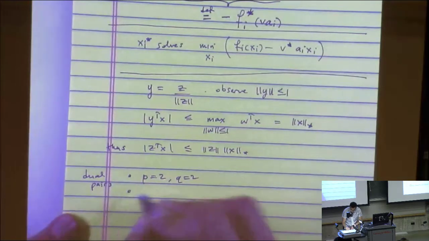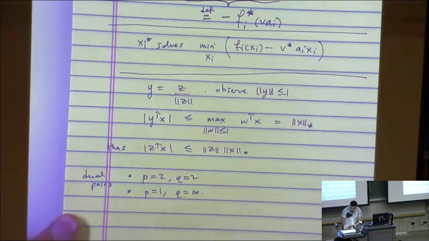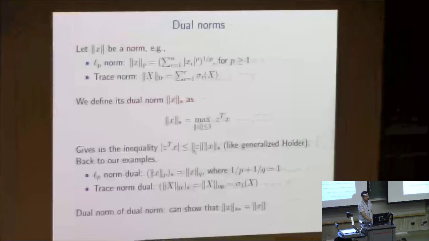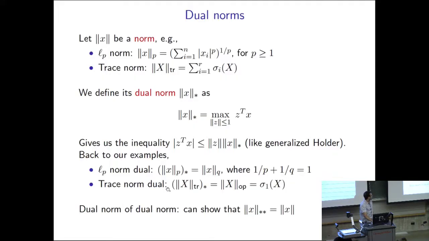Another easy case to remember is the 1 and infinity norm. The dual of the 1 norm is the infinity norm. This type of inequality you could just think about deriving from first principles. And for matrix norms, the dual of the trace norm is the operator norm. The operator norm is defined as just the largest singular value.